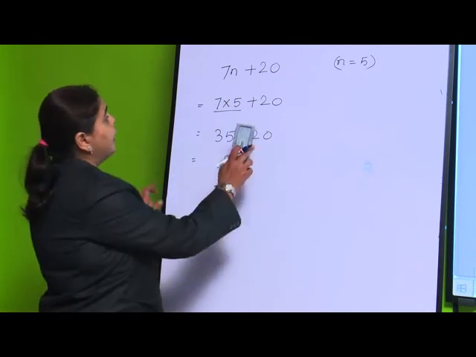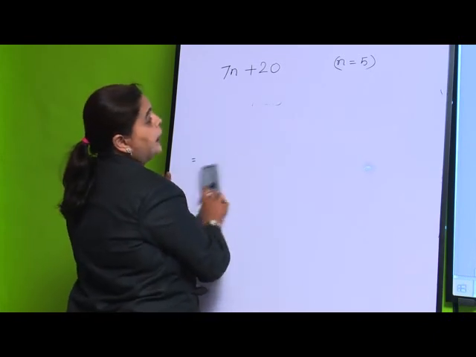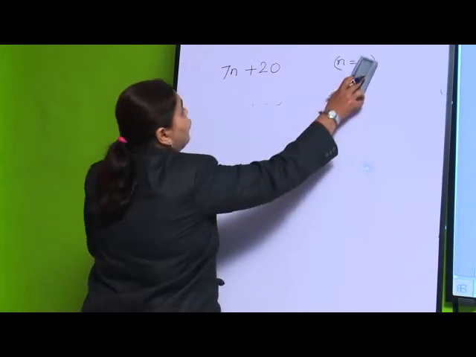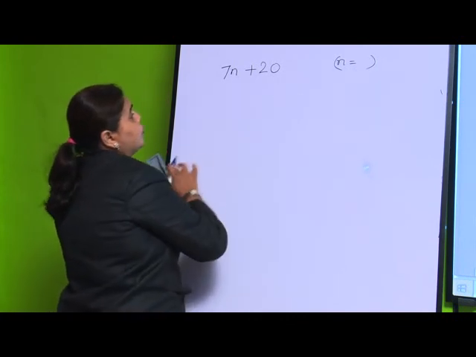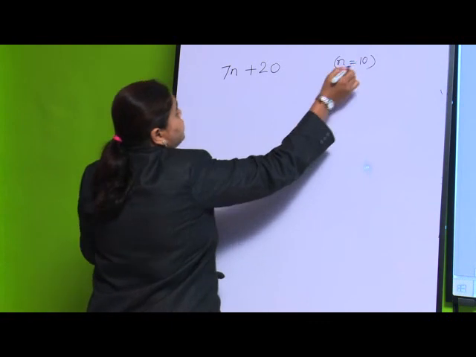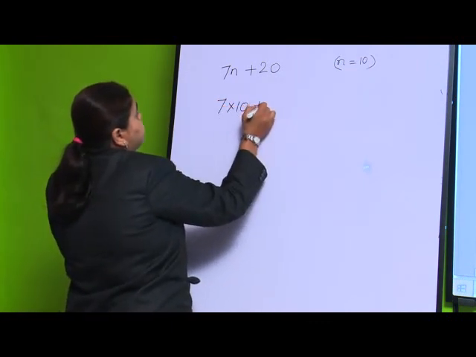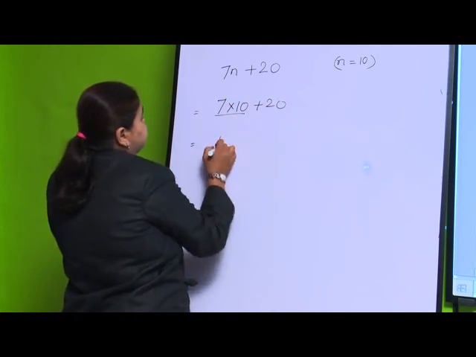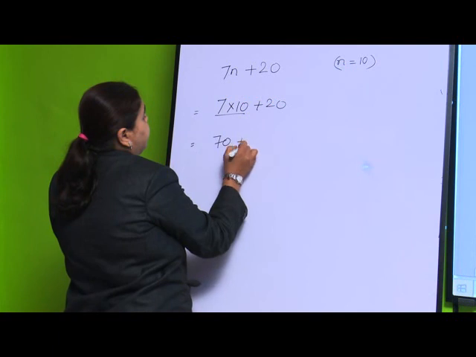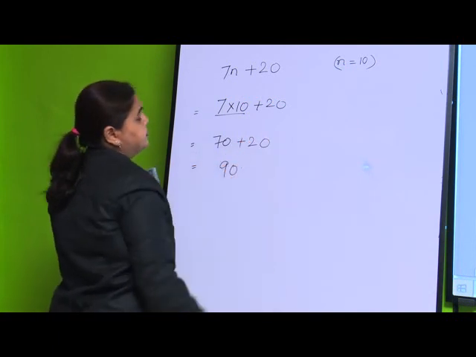Here the same expression, but the number of patterns will be different, suppose we go for 10. So, n is equal to 10. 7 into 10 plus 20. 7 times 10 is 70 plus 20 is equal to 90.